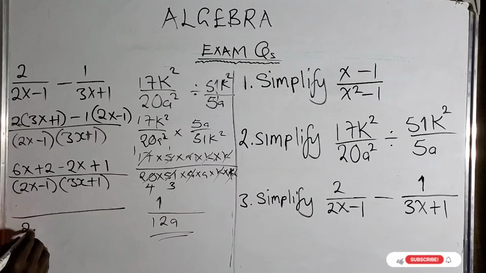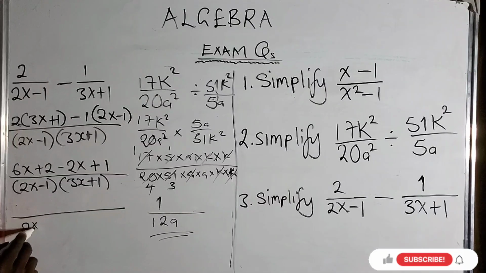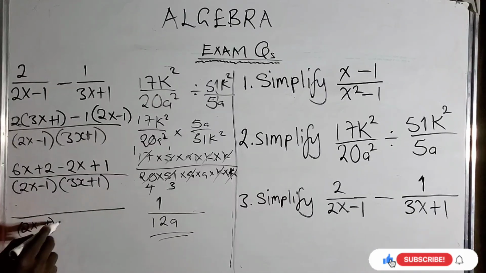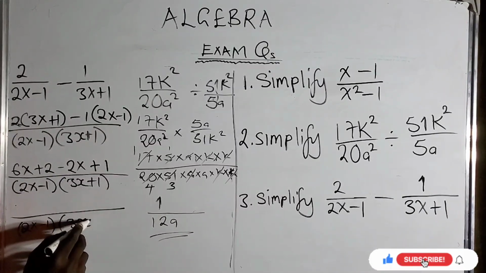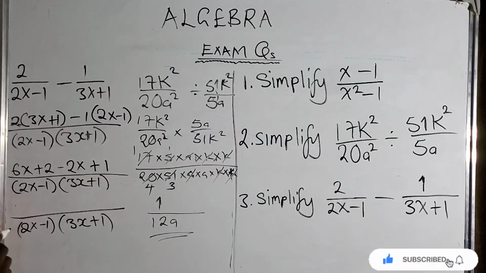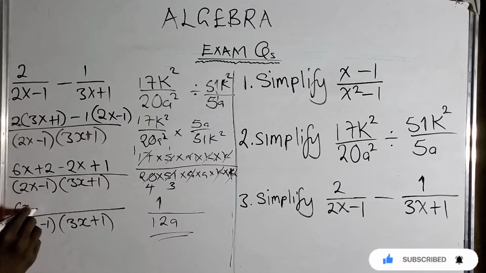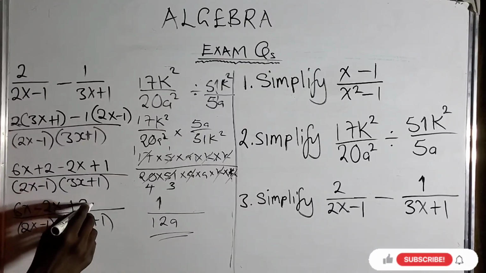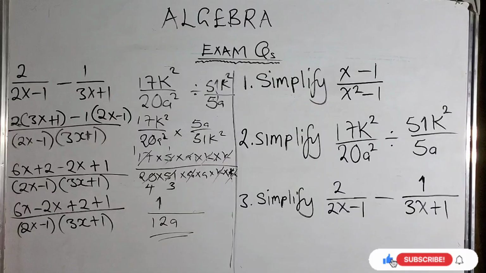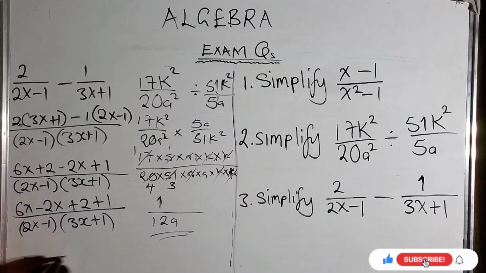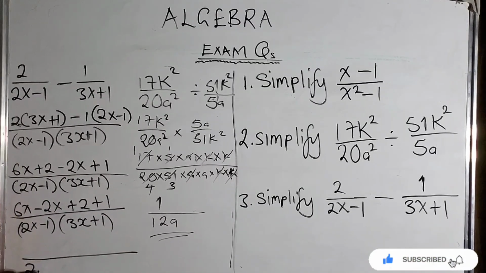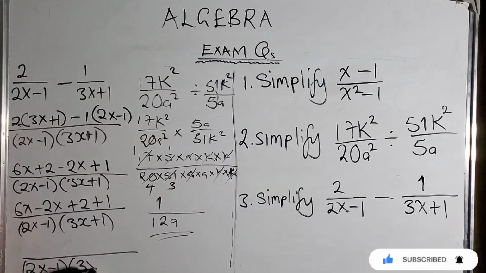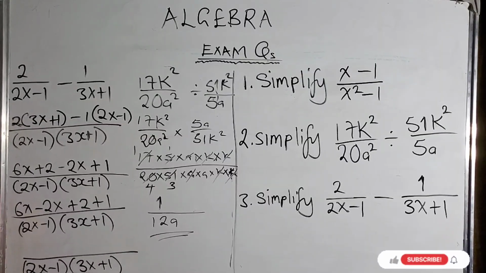So here you're going to maintain the denominators like this. Then here you have 6x minus 2x plus 2 plus 1, over the denominators 2x minus 1 and 3x plus 1.